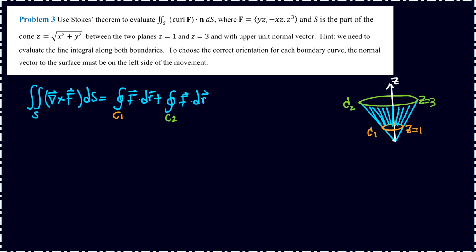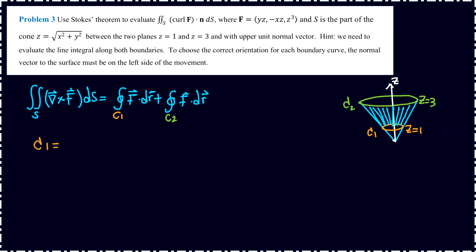So let's do the parametrization for C1. C1 is a circle of radius 1. Imagine you put 1 for z. That's going to give you x squared plus y squared equal to 1.